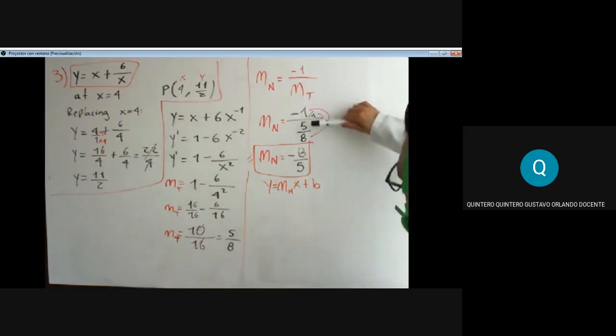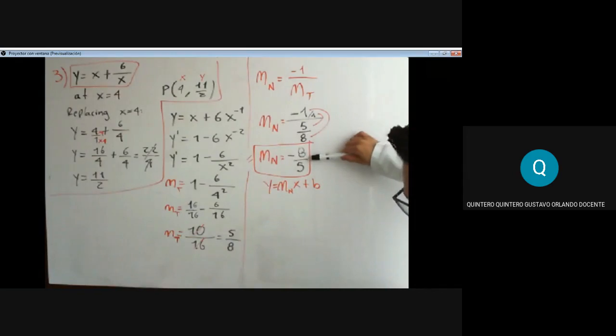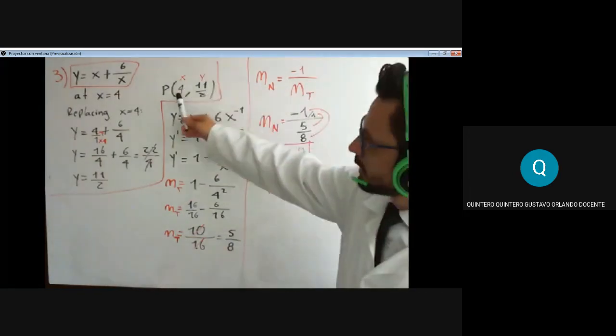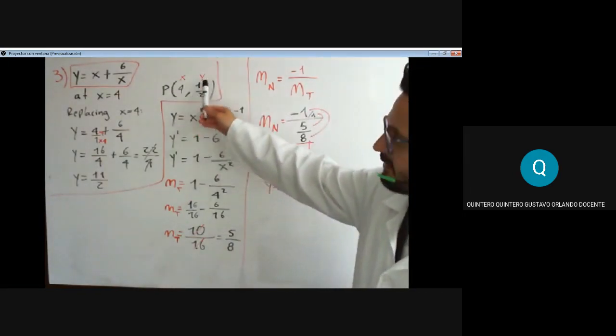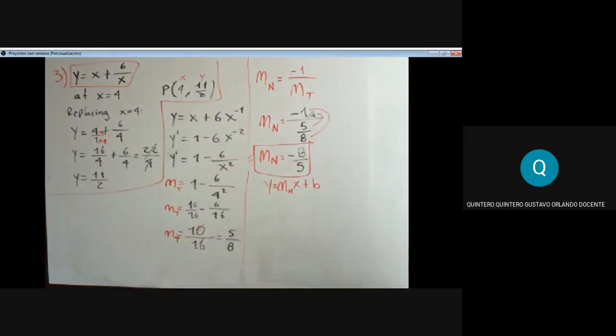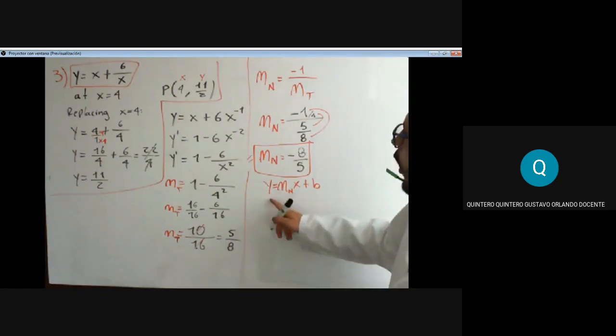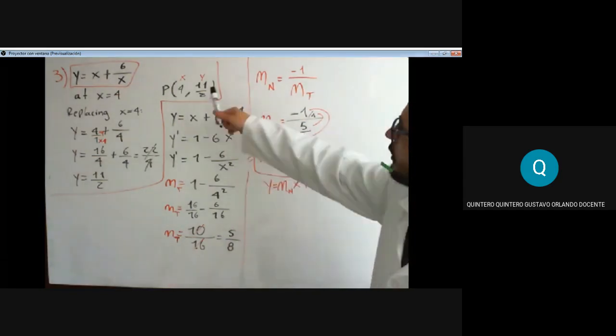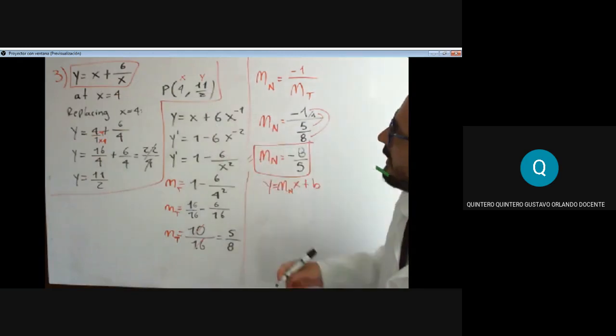We have our slope, negative 8 over 5, and we have our point, 4, 11 over 2. So now we can find this line. I'm going to do it real quick. From here, replace the values that we know and isolate. All right. So I know the y coordinate is 11 over 2.